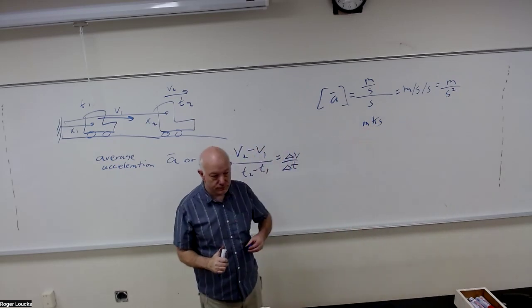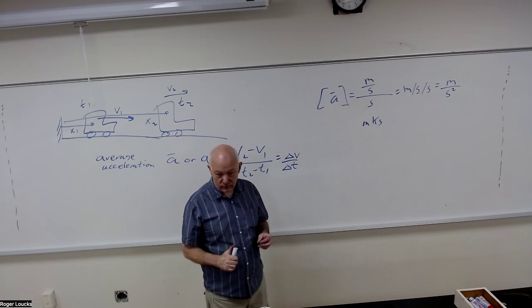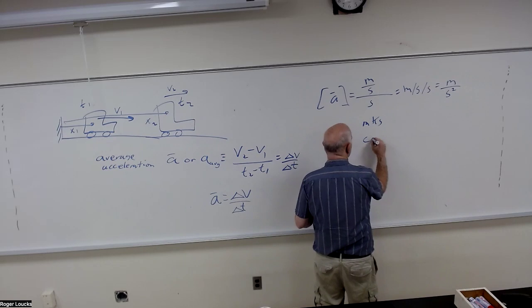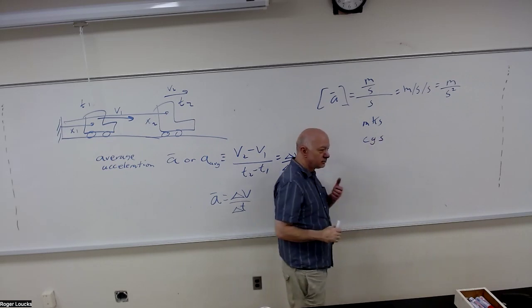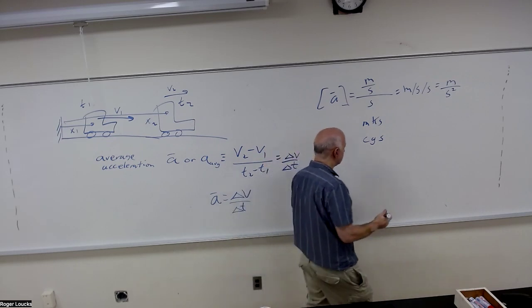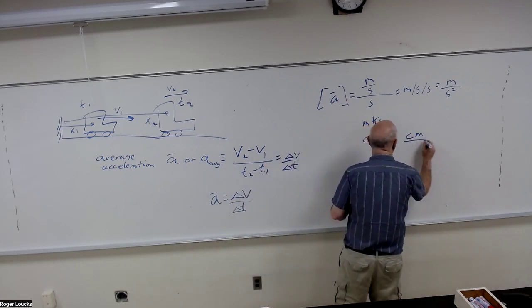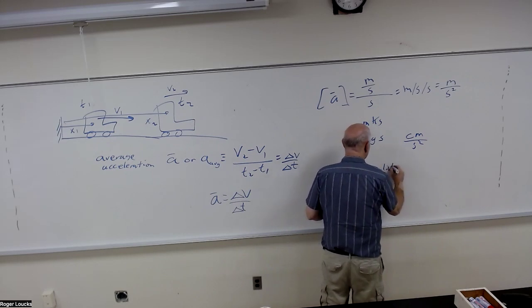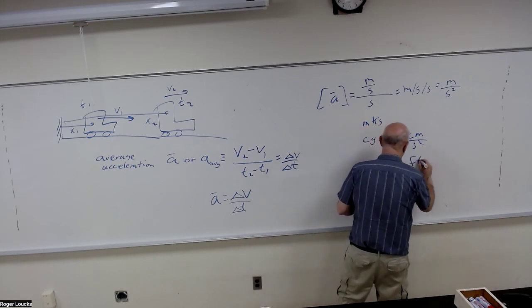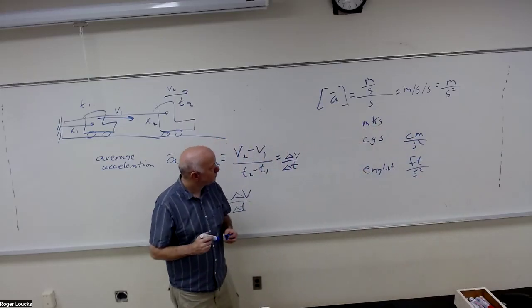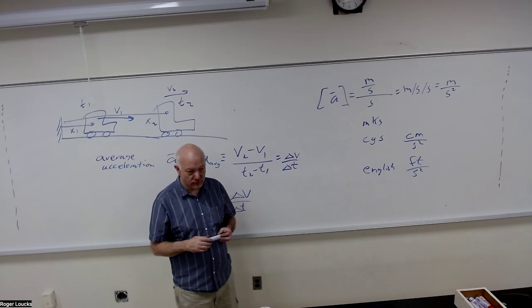That makes sense? What would we have then for CGS? Centimeters per second squared. And then for English, we're going to have feet per second squared.